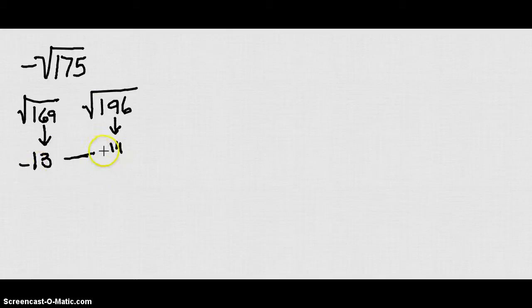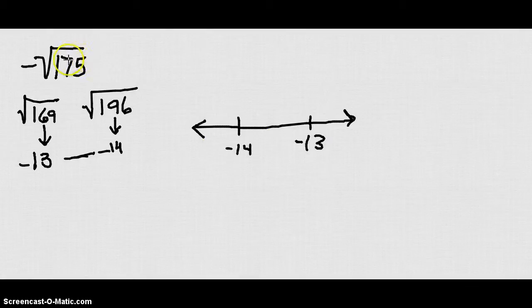Well, we should say negative 13 and negative 14. So on a number line, we'd have negative 14 down here, negative 13 here. It looks like negative square root of 175 is a little bit closer to the 169, so my dot's going to be a little closer to the negative 13.